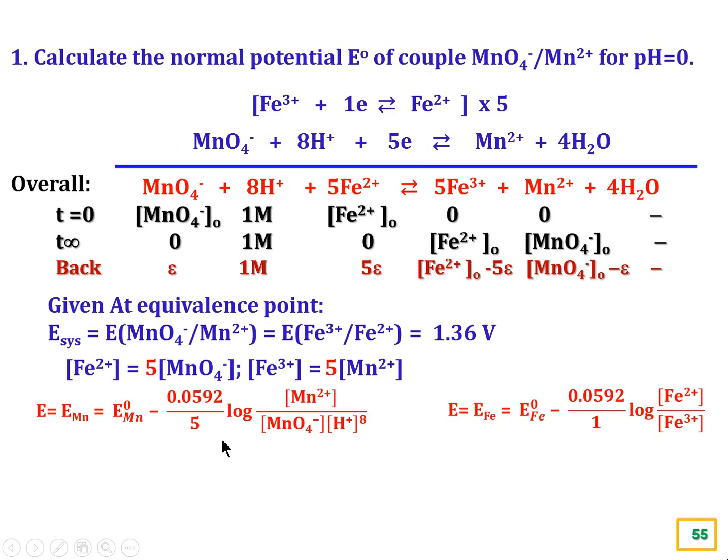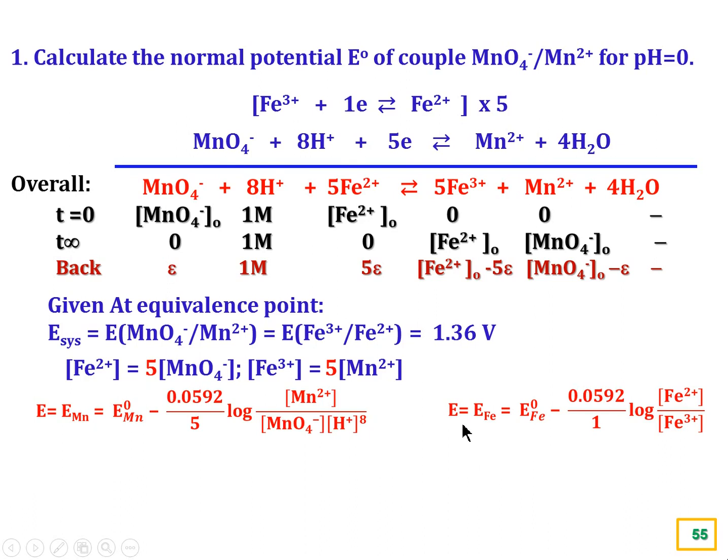We write the Nernst equation for each couple. E measured is equal to E of the couple Mn, equal to E0 minus 0.0592 divided by n log of Mn2+ divided by the oxidant component, MnO4- times H+ to the power 8.